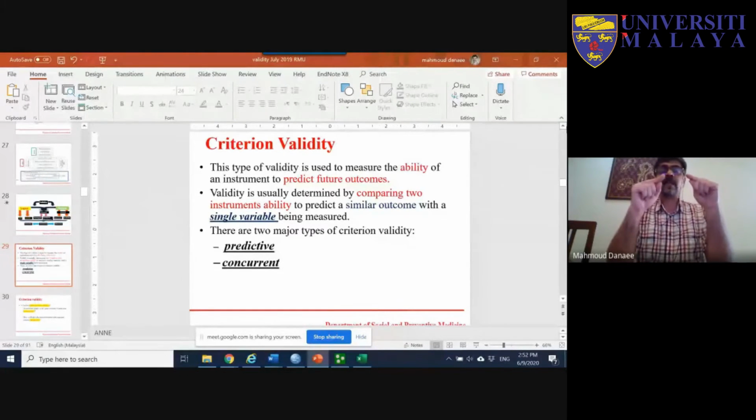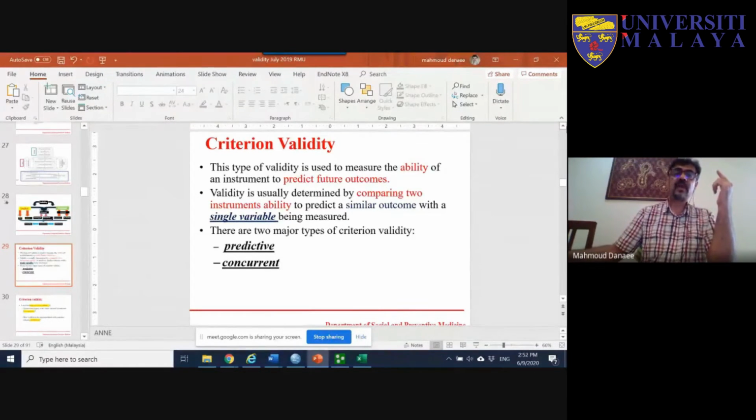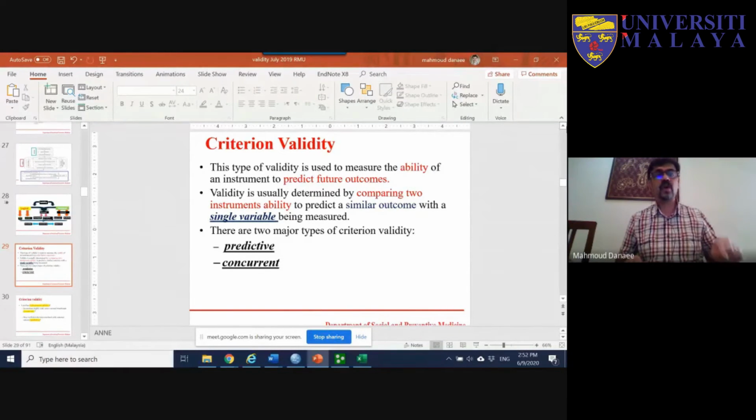For example, I want to measure the pain score. There is a well-known, validated instrument that measures the pain score. At the same time, you are also going to check the validity of your instrument that measures the same thing.